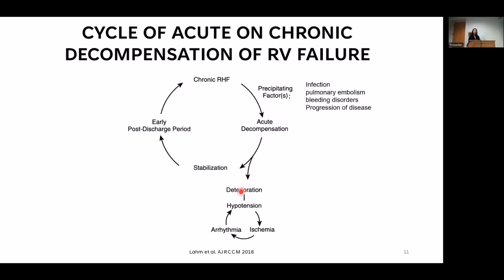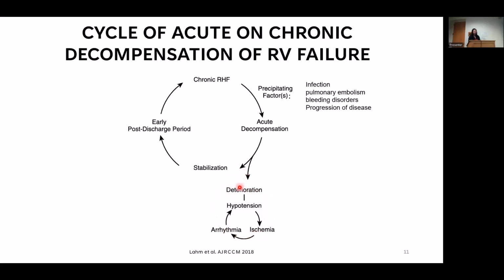They're deteriorating, they become hypotensive systemically, which then worsens the blood flow to the coronary arteries, which perpetuates the cycle of ischemia, might lead to arrhythmias, which leads to further hypotension. So many patients get stuck in this spiraling circle of death of acute RV failure, and mortality from this condition can be as high as 40%.